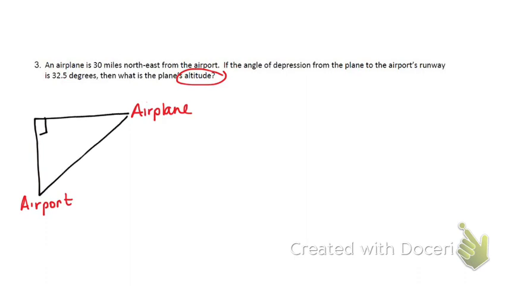So the airplane is northeast. So I'm going to say the airplane is here, and we have our airport here. Angle of depression is at 32.5, so that is here.